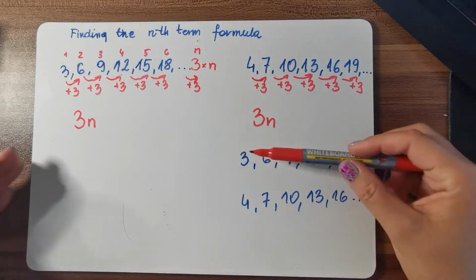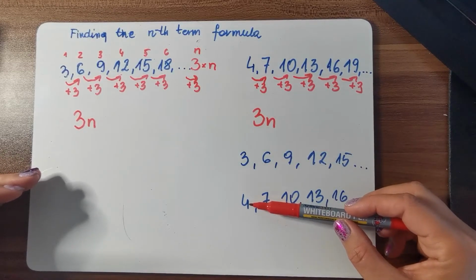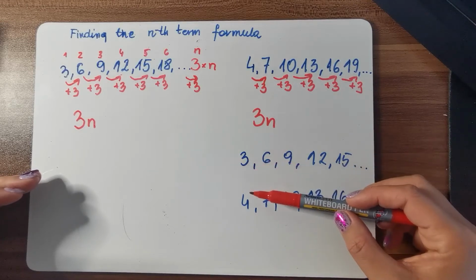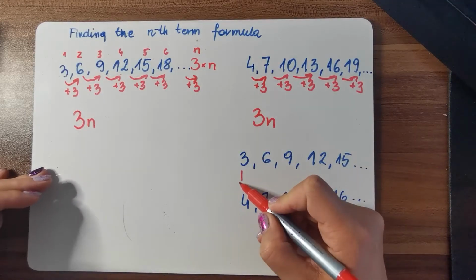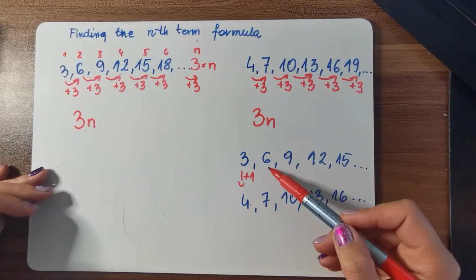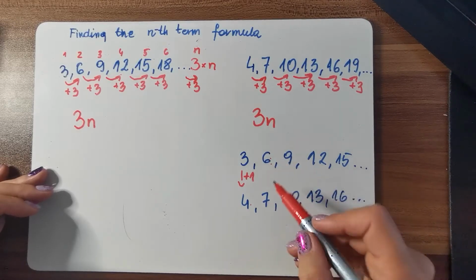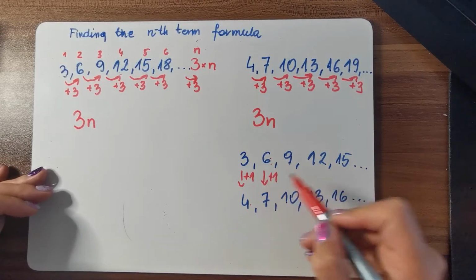From the 3 times table values, to get to the terms in our sequence, what do I need to do? I need to add 1 to get 4. To get 7 from 6, I also need to add 1.